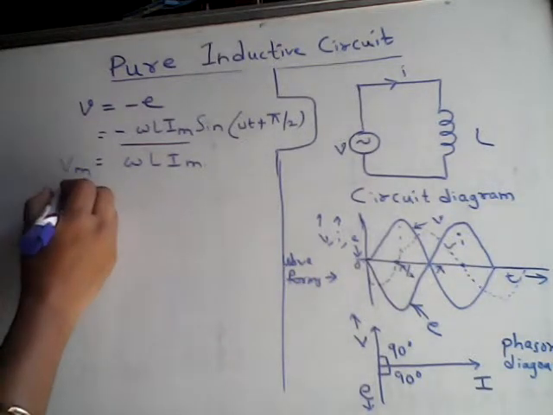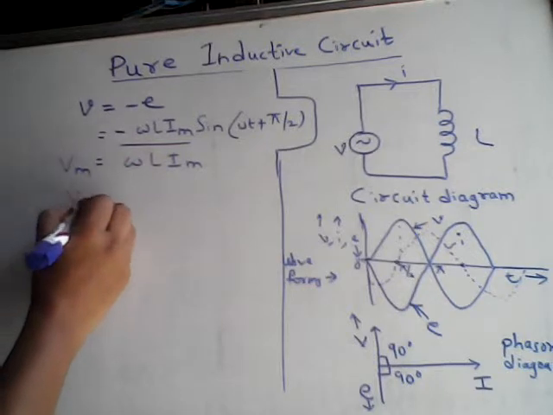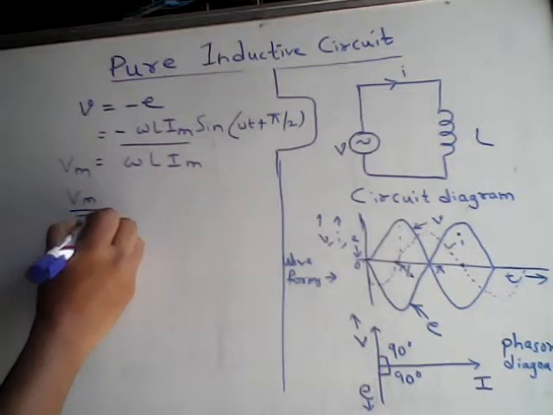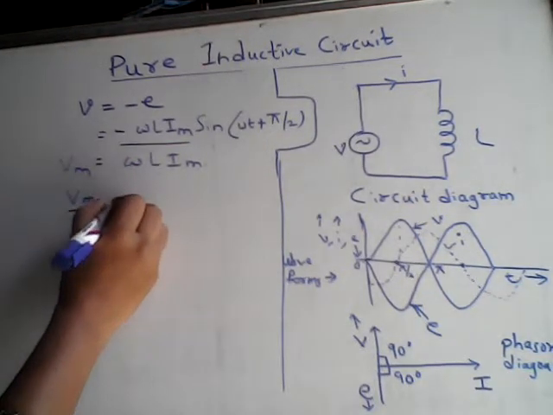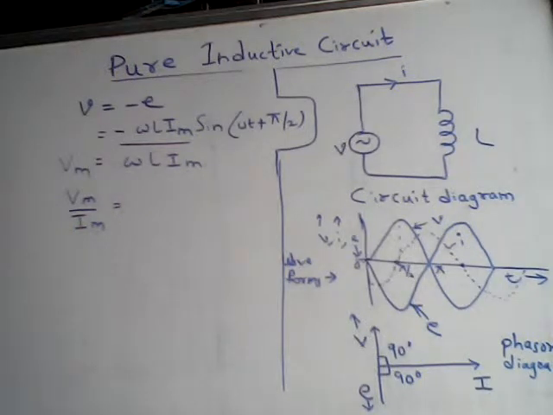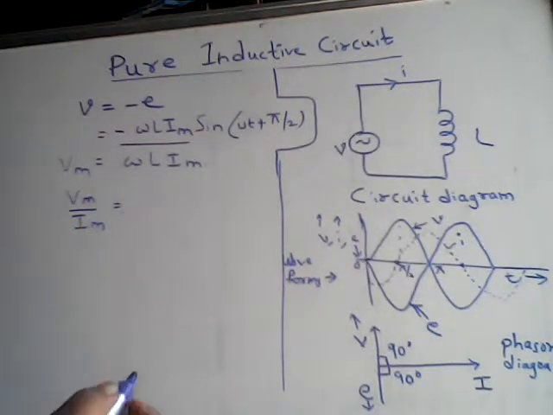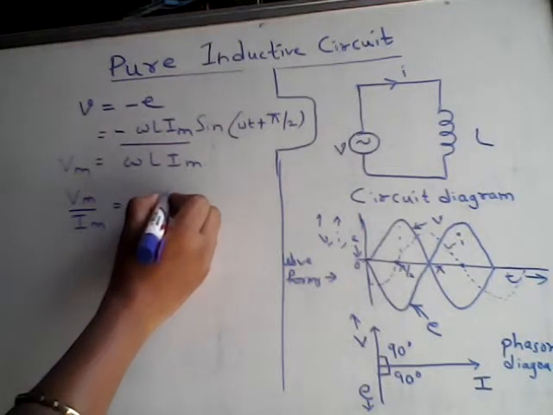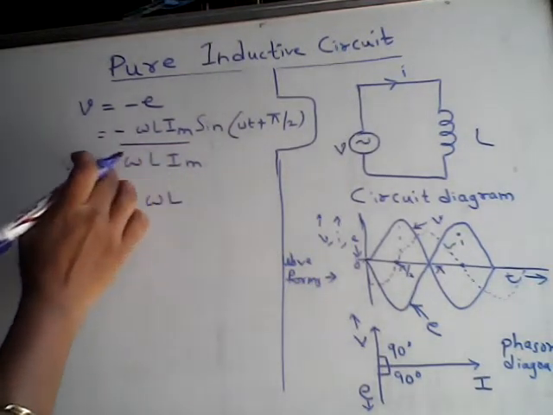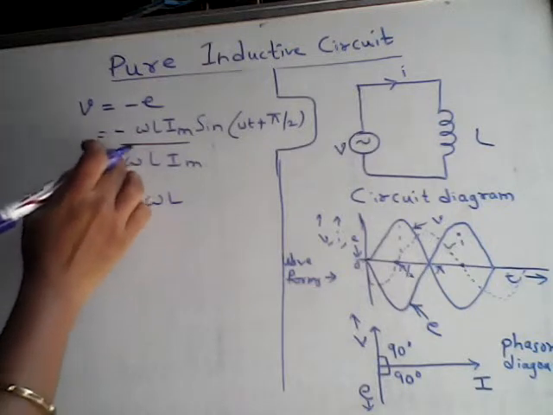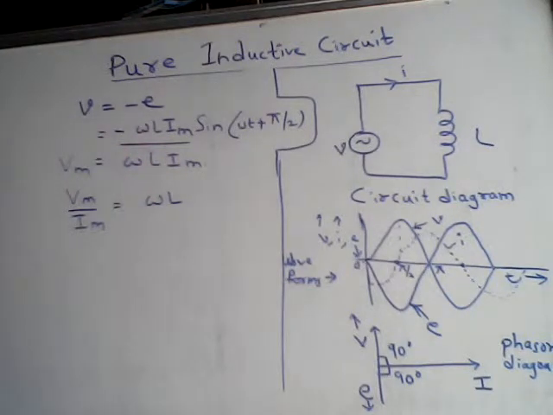And we also know that Vm by Im, or V by I, is nothing but the inductive reactance, which is given as omega L. From this, Vm by Im will be equal to omega L.